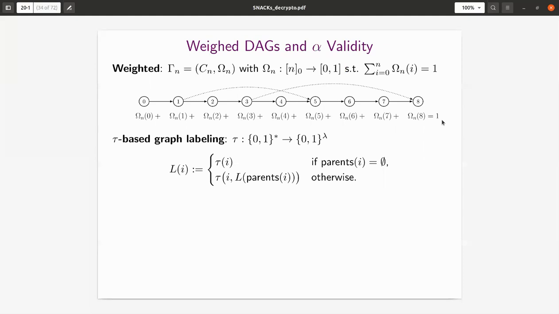This weighting will allow the verifier to challenge the prover on different nodes according to their weight. In the blockchain application, nodes towards the end will tend to have different weight from the beginning, and we will see why this is needed for the SNARK application. And this is just a very natural weight notion.